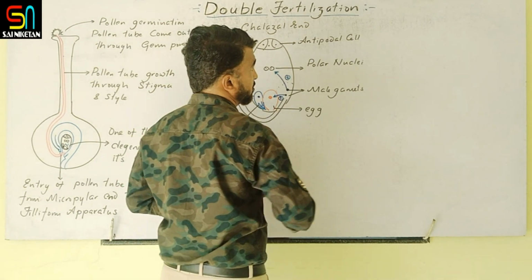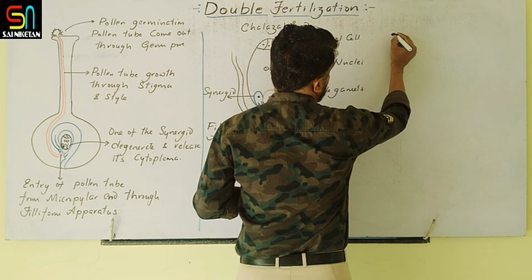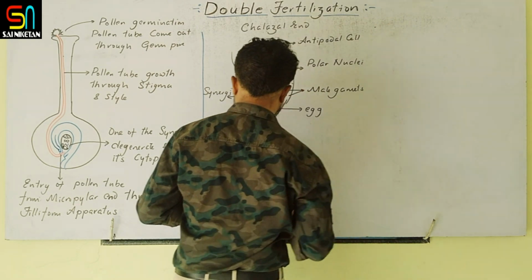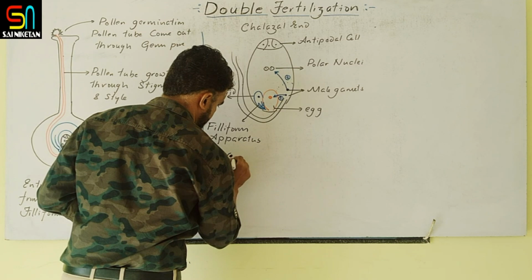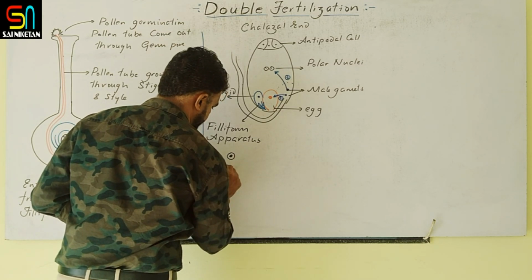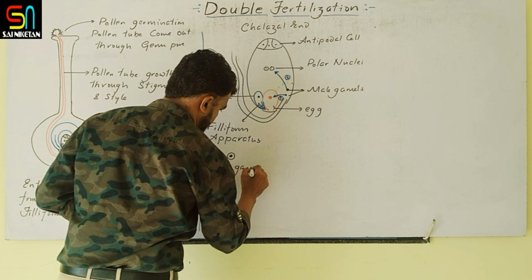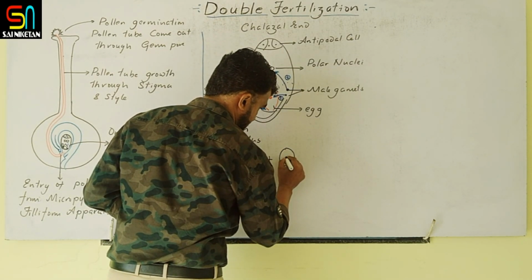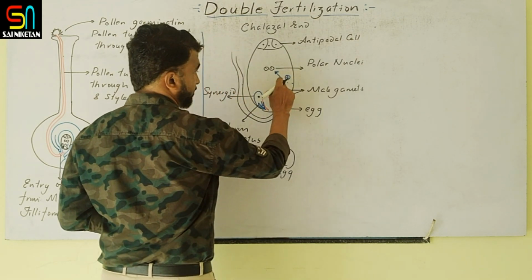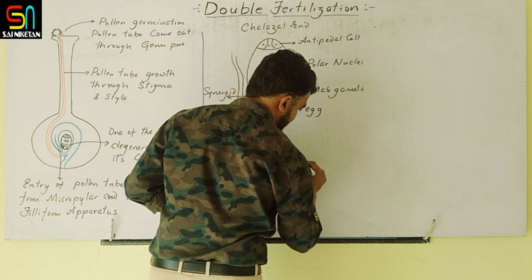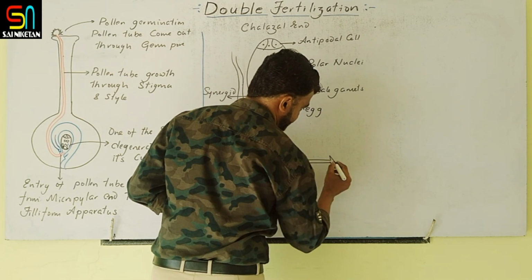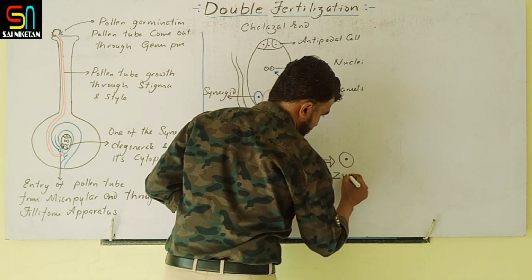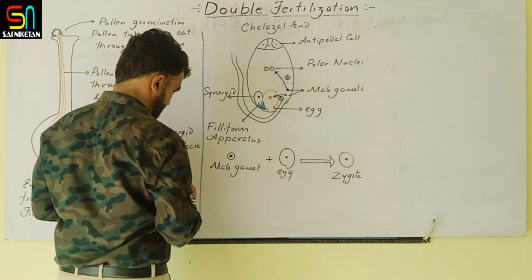Now what happens? The male gamete fused with the egg results in a diploid zygote.